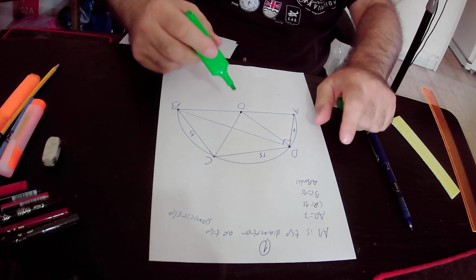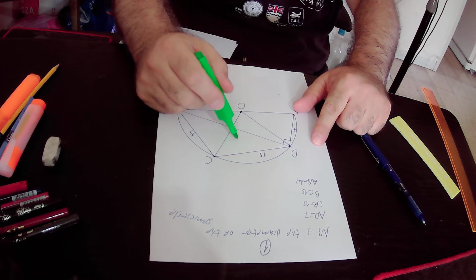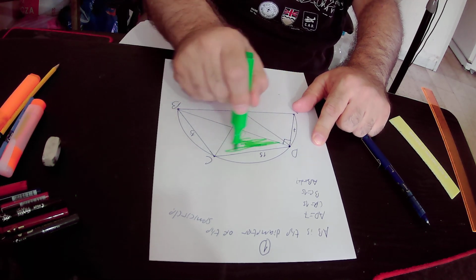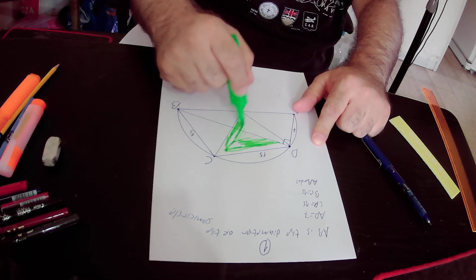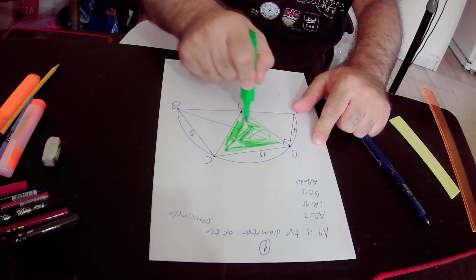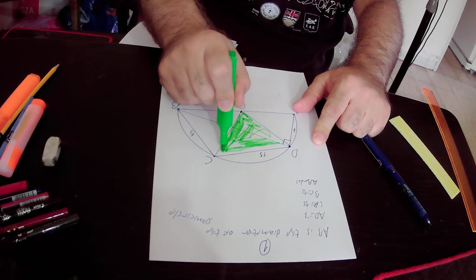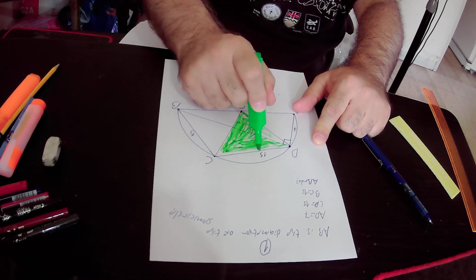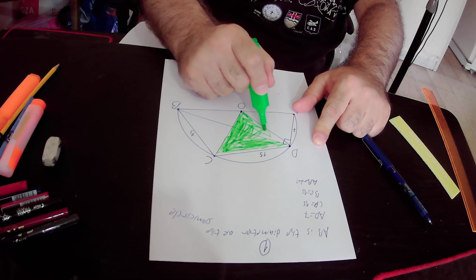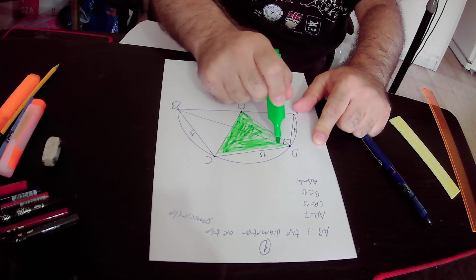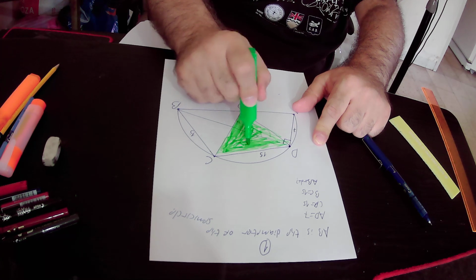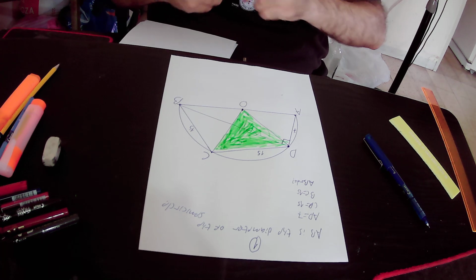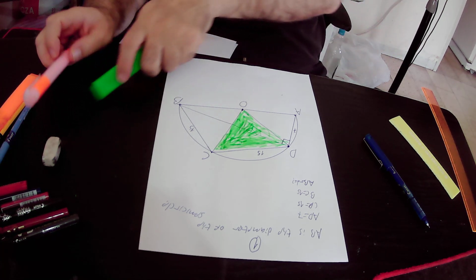On triangle OCD, the green triangle, and we will also focus on triangle OCB, the orange triangle.